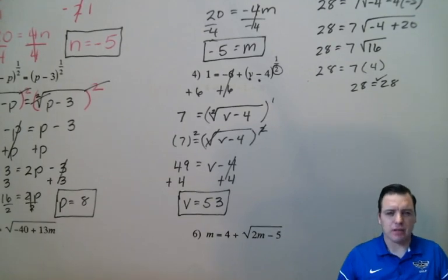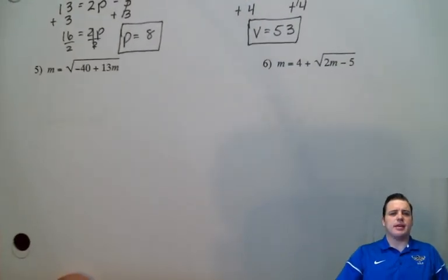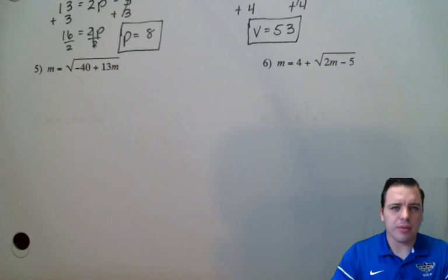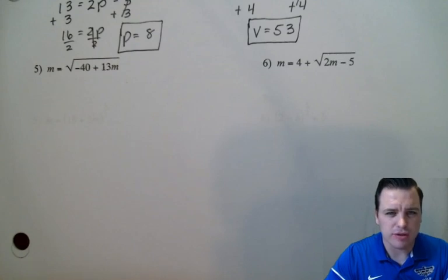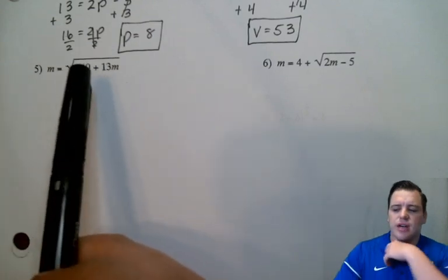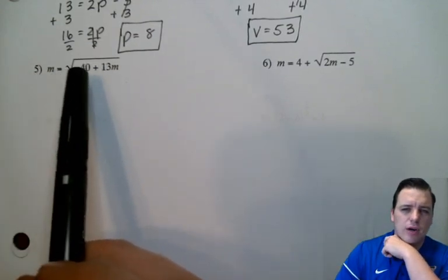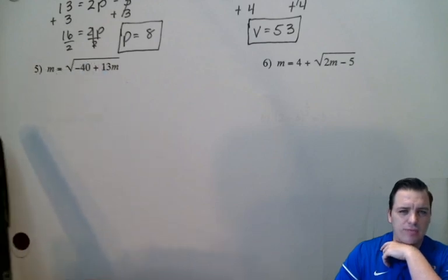All right, let's move down here to number 5. M is equal to the square root of -40 plus 13m. Okay, so looking at this, there's nothing I need to move away from that square root. There's nothing I can really do within this square root.